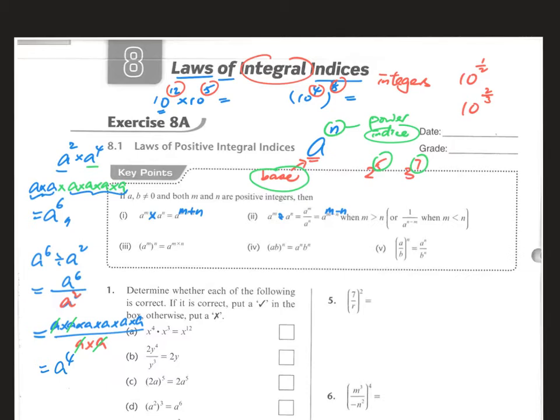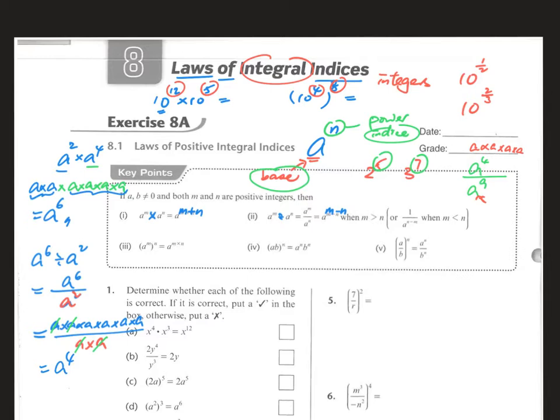In Form 1, you have another situation, when m is less than n. I like to explain it this way: a to the power 4 divided by a to the power 9. In this case, there are 4 a's on top, while for a to the power 9, I'm not going to write 9 a's multiplied together in the denominator.